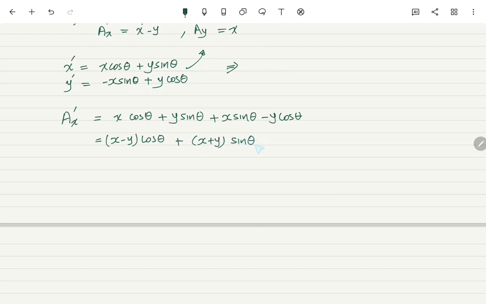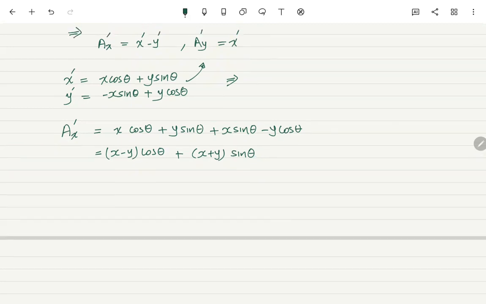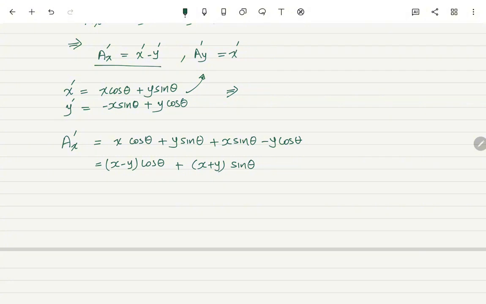And from this result, we can say that ax equal to x minus y has no problem, but x plus y is not equal to ay, as we define it here, equal to x prime.